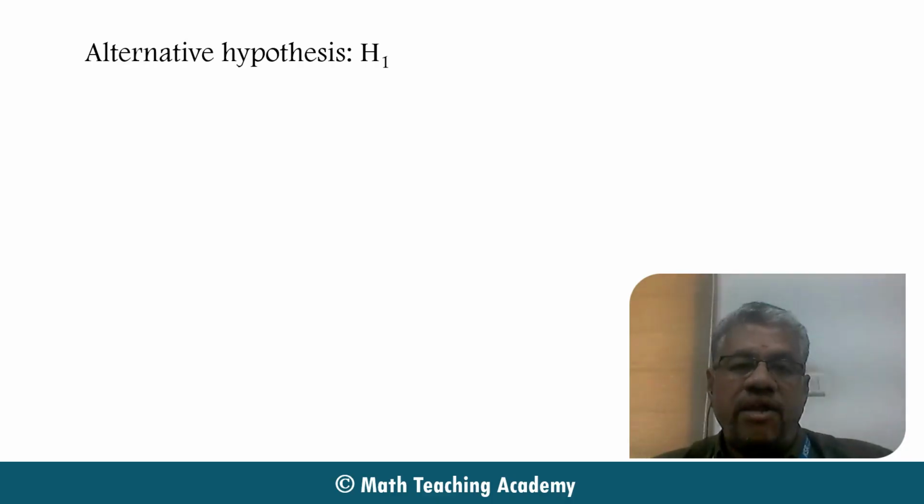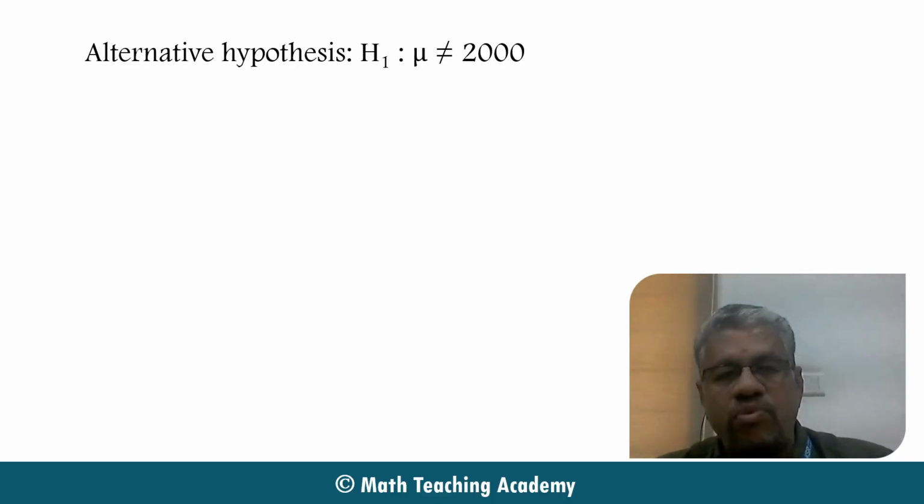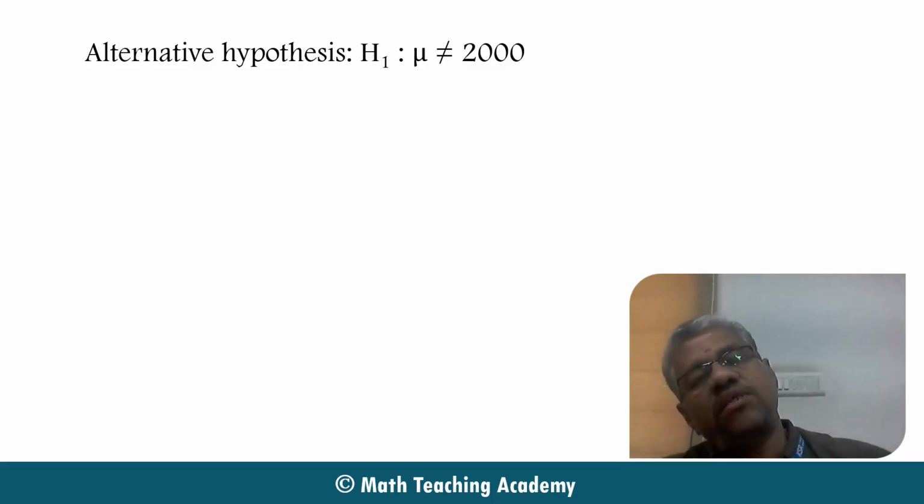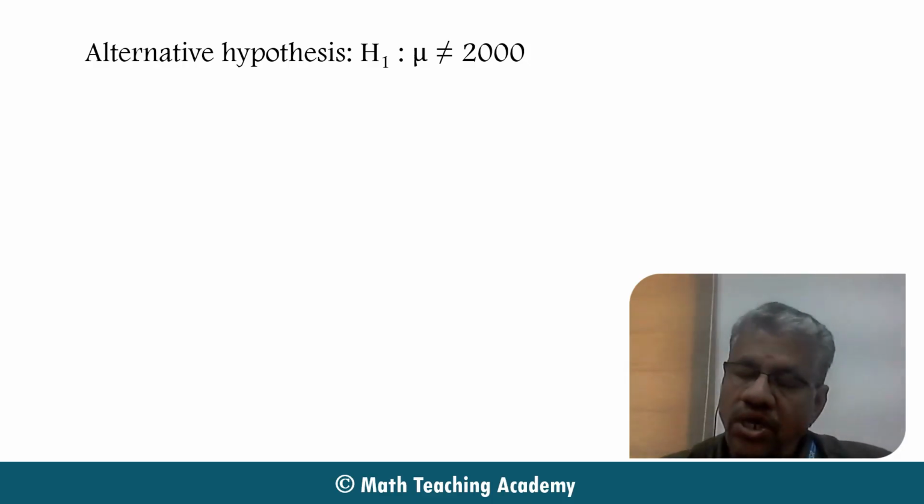Now, the alternative hypothesis is simply the opposite of the null hypothesis. So H1, the alternative hypothesis, which is opposite to the null hypothesis, means H1: nu is not equal to 2000.